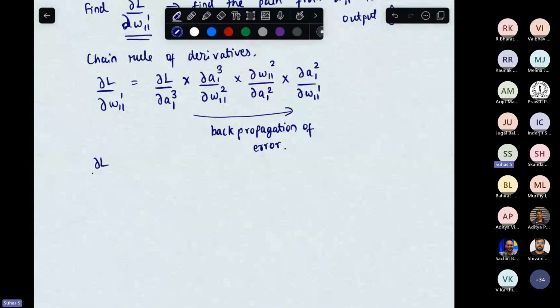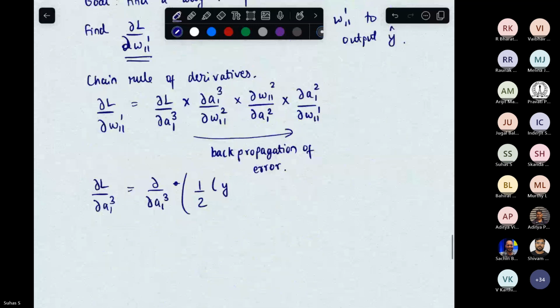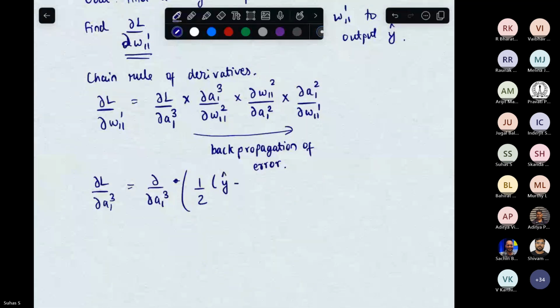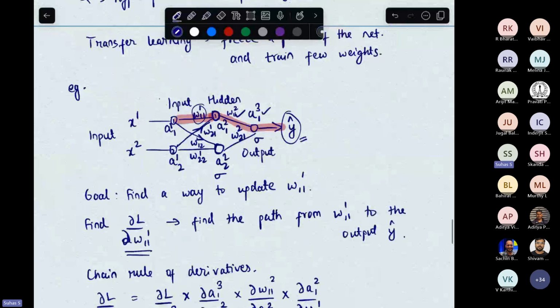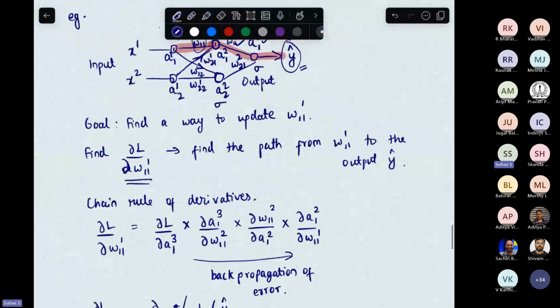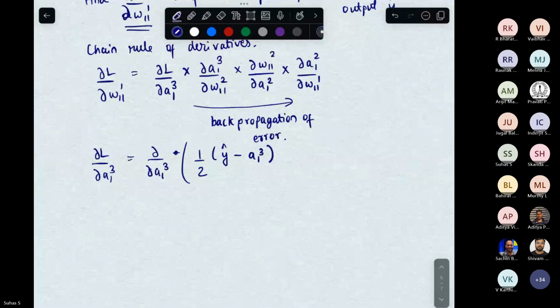So the first one is going to be the derivative with respect to A13 of half of y hat minus the prediction f theta of x, which is A13, squared.